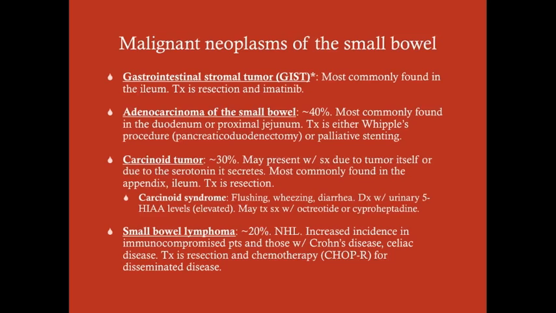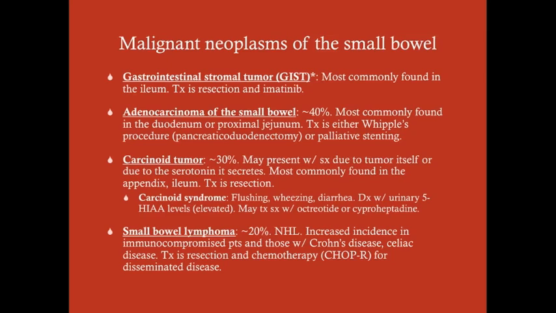Typically, the carcinoid tumor is found in the appendix, and if it is found in the appendix, then you're probably not going to get any blockage of the small bowel. However, it can also be found in the ileum as well. Usually, if it causes carcinoid syndrome, it's going to be in the ileum. Carcinoid tumors in the ileum are more likely to spread to the liver, and it needs to spread to the liver in order to cause carcinoid syndrome.